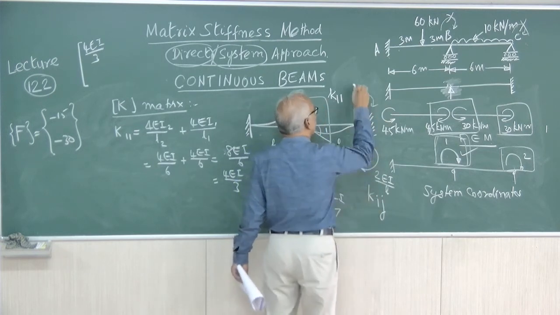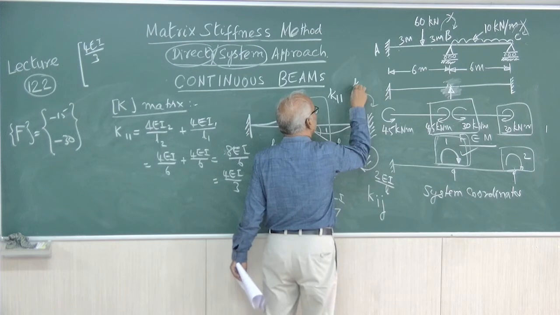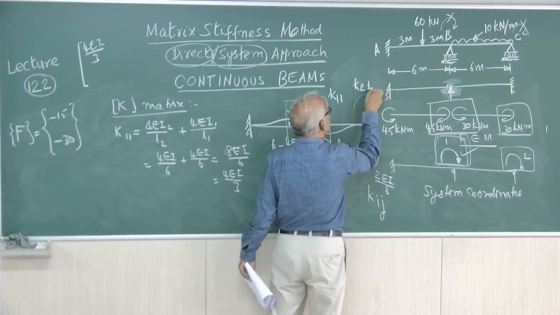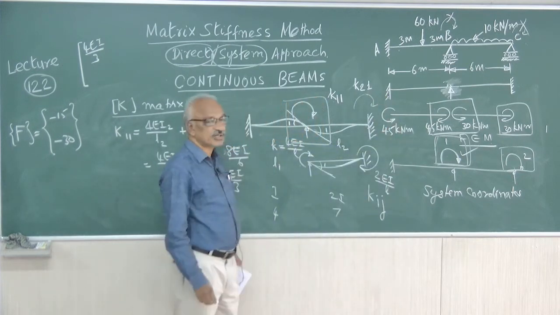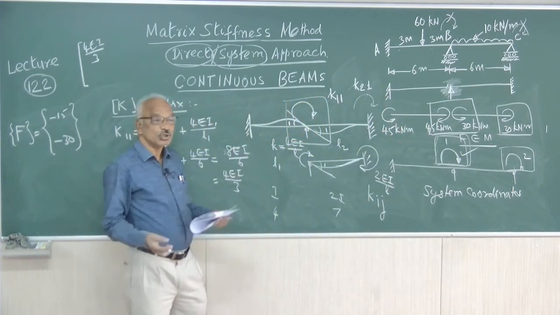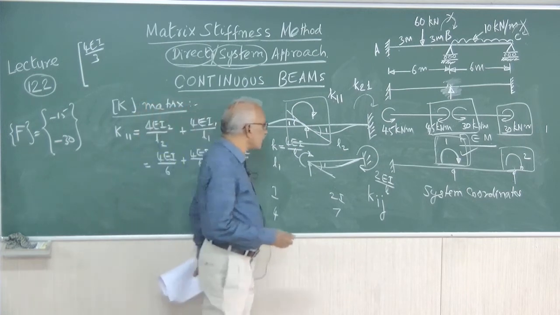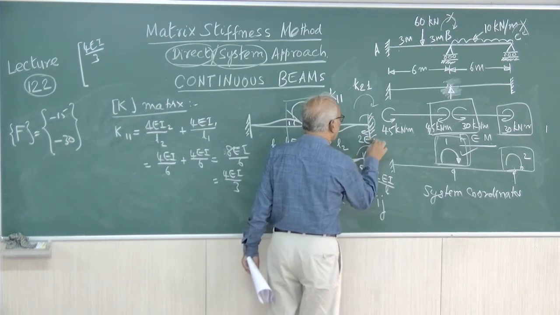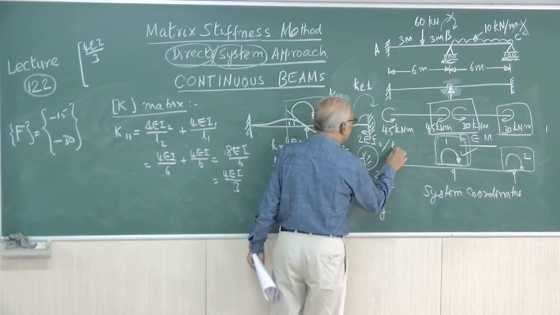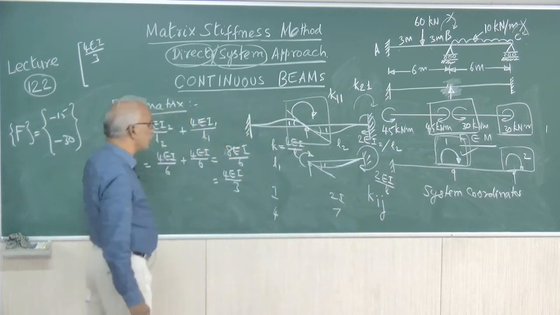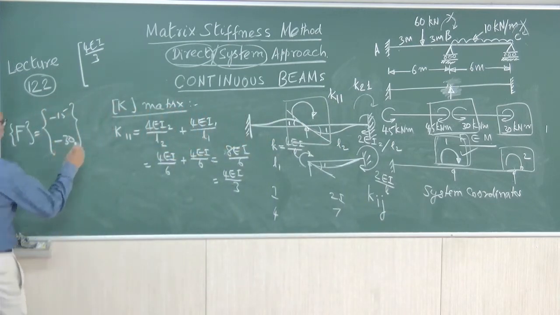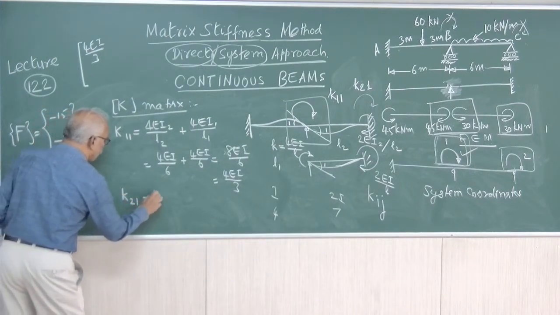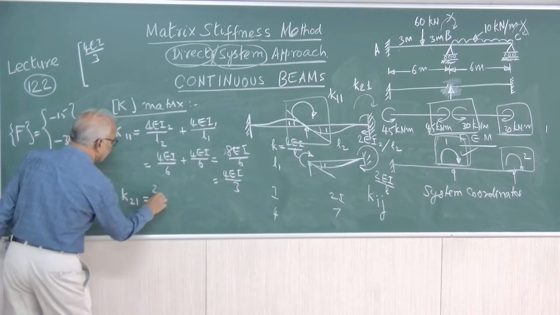So along coordinate 2, whatever is the force developed at coordinate 2 due to unit displacement at coordinate 1, this will be the carryover moment whose value will be equal to 2EI2 by L2. Therefore K21 equal to 2EI, since carryover moment is half the value.